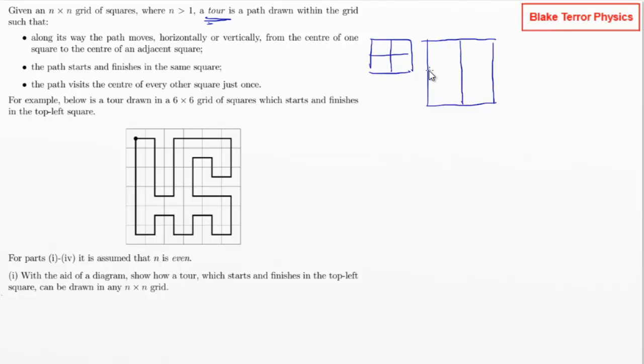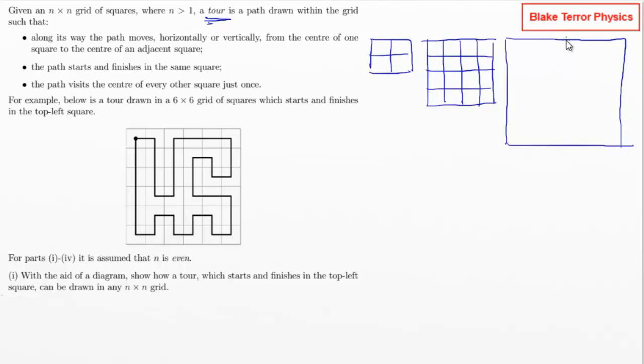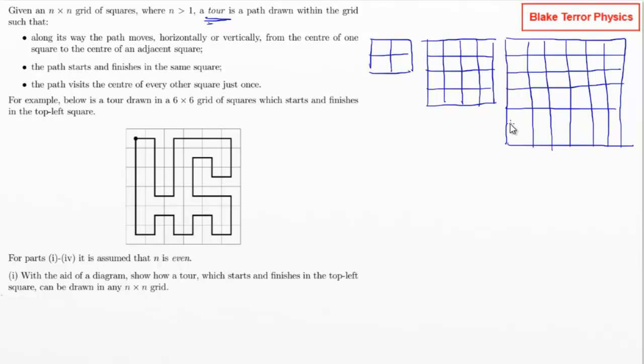If we just do a few of them, and then hopefully once we've done the first 3, then we'll see some kind of pattern that we can then describe and maybe test it on a 4 by 4. Well, it's gone a bit wonky. 4 by 4 grid. Well, my lines are pretty ropey drawing them on here, but it's going to be close enough. So what am I doing? I'm doing a 6 on here, aren't I? So 1, 2, 3, and then 4, 5. Right, so that's our first 3 grids.